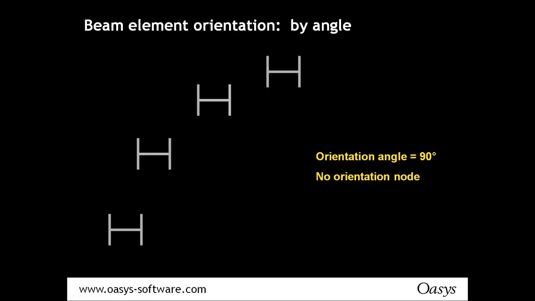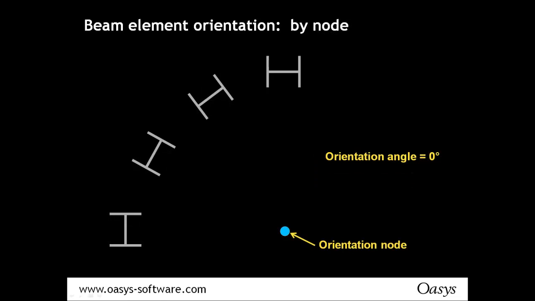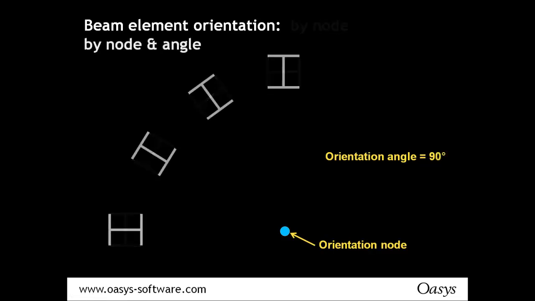I think most people are familiar with that, but there's another method, orientation by node, where you just specify a node for all those beams to be orientated by, and in this case the local y-axis then points through that nodal point. Very useful for circular structures, but also sloping structures. You can combine these two together, so this is a combination of the 90-degree angle going through a node, which means now all the z-axes line up with that nodal point.